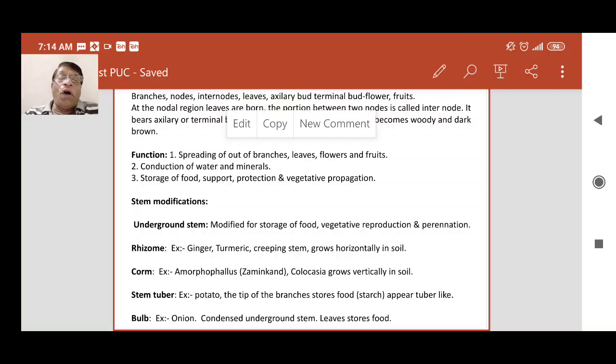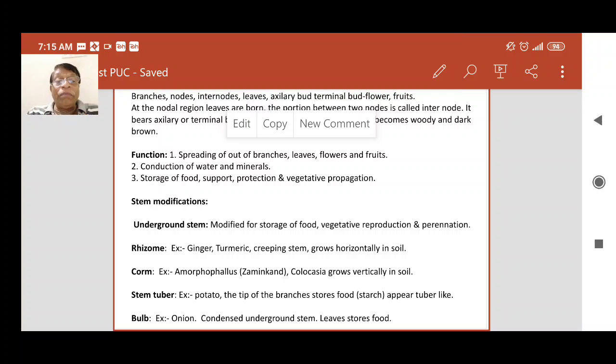Next, Corm. What is Corm? How to differentiate Corm from the rhizome? When the stem grows vertically in the soil, then it is called Corm. Example, Amorphophallus, Colocasia. You can see the diagrams of Colocasia, diagram of ginger.